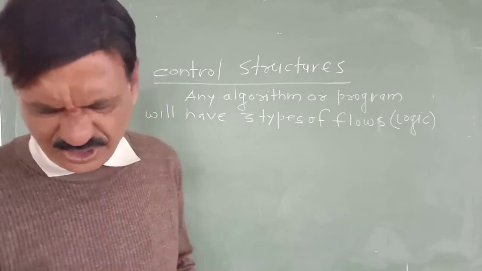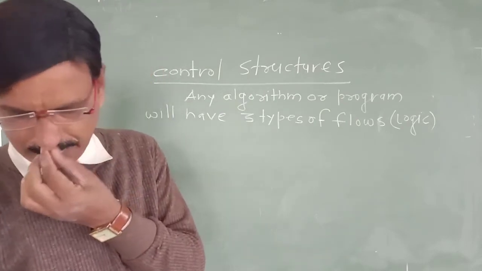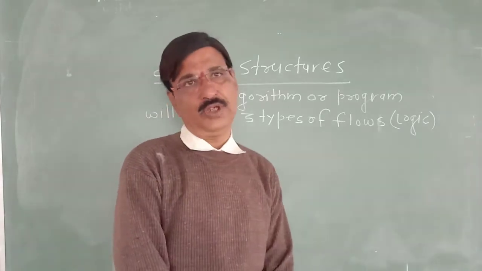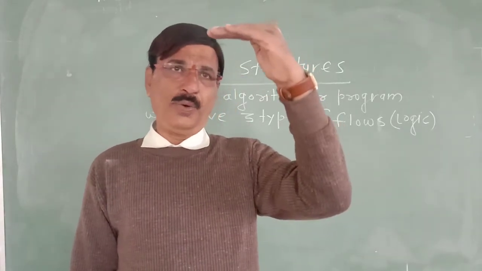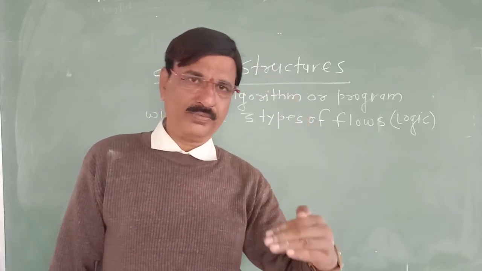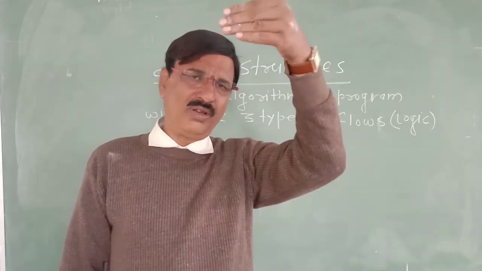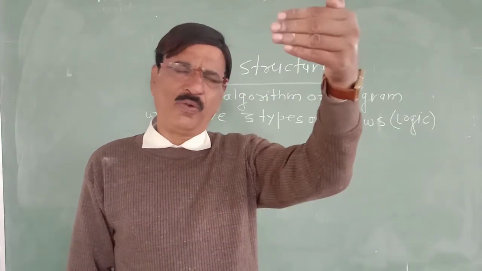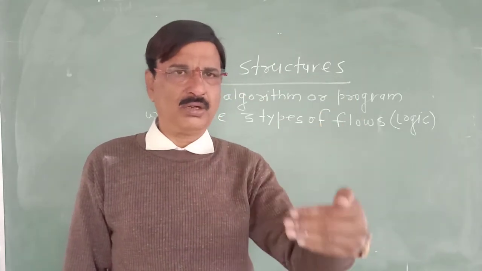So first we have seen sequence logic. It means every instruction executes in its ascending order. So there will not be any kind of conditions or repetitions. Step number one will be executed first, then second, third and fourth.